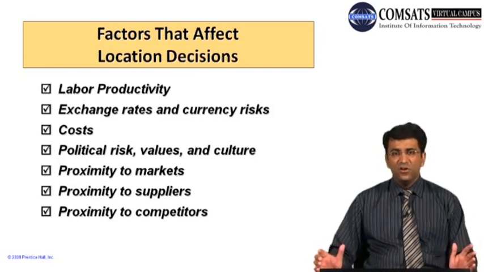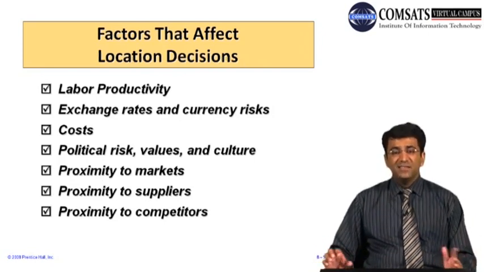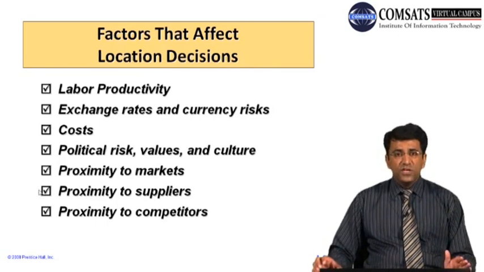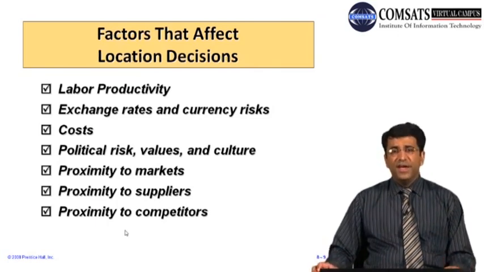This process is called clustering, and that cluster can be very helpful for all the competitors and all the relevant firms in order to produce their goods and services efficiently and then distribute them to the ultimate customers. So in certain cases it may also be important for the organization that their location should be close to the different competitors.